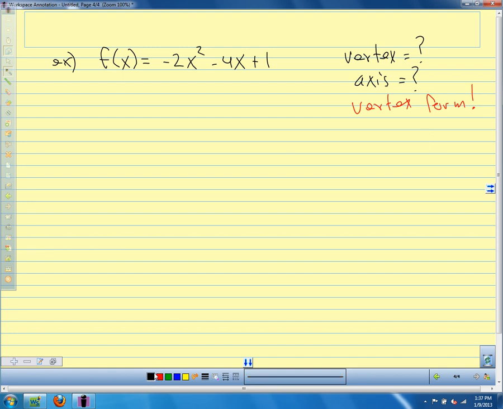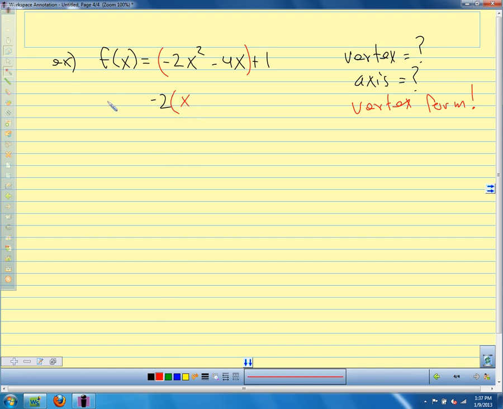So the first thing I'm going to do when I have a number in front of the x squared is, again, look at just the x squared and the x part. I'm going to factor this negative 2 out of these red parentheses. So I pull that negative 2 out, and I put my parentheses back here.